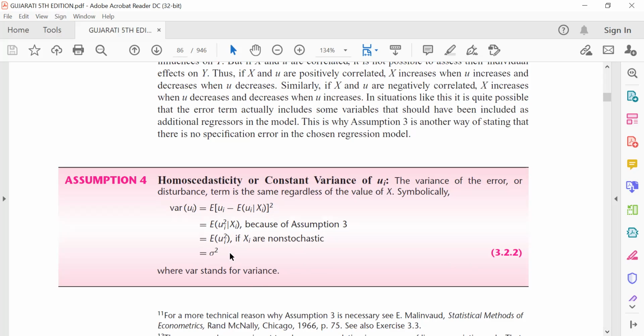There is no sign of t or i in this variance. If the sigma square has t or i, this means the variance is not constant across observations.